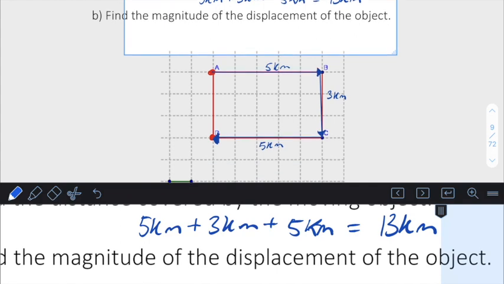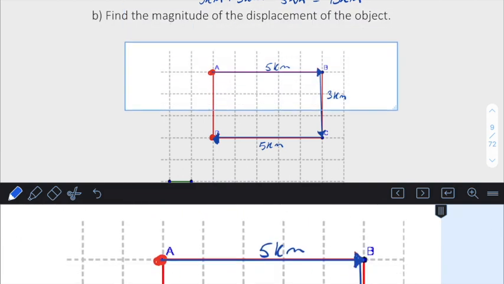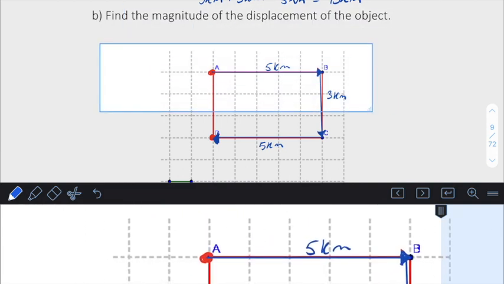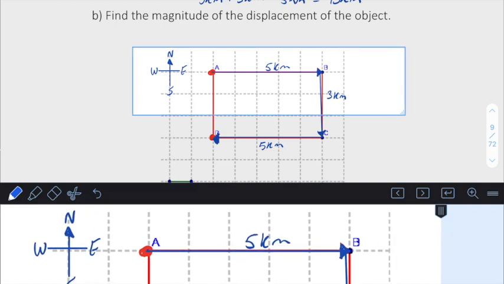Well, in this example, it gets a little bit confusing because we have some changes in direction that are north, south, east, west. But let's go with Cartesian coordinates on this example. So if we go Cartesian, then that makes this never eat soggy wieners, is what I always remember this. So north, east, south, west. So this becomes 4 kilometers east.